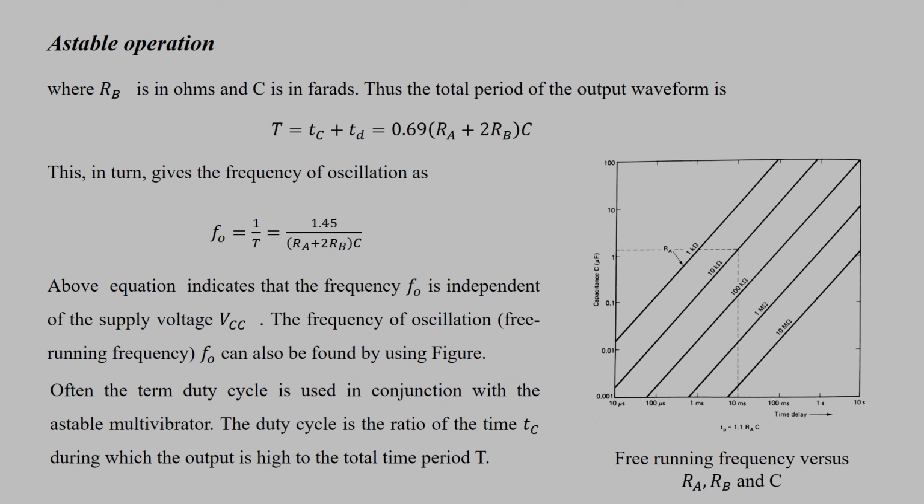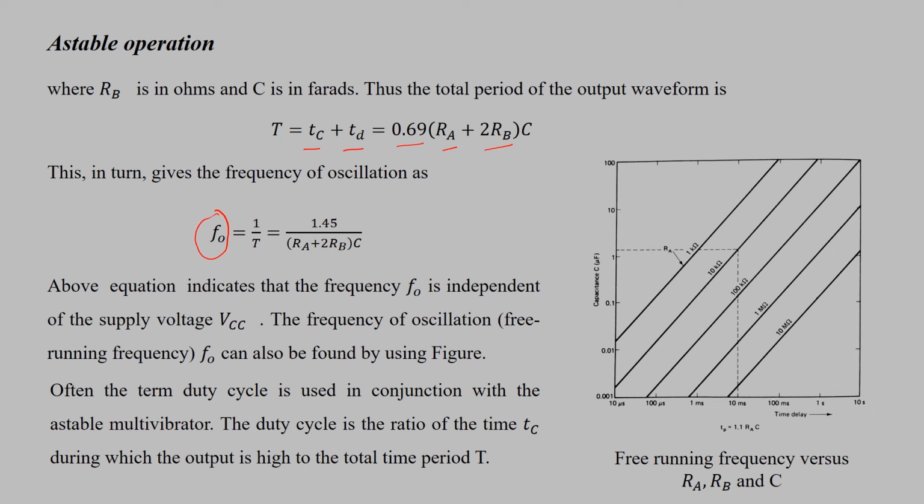The total time period of the output waveform will be Tc + Td, which is 0.69 (Ra + 2Rb) C. This gives the frequency of oscillation f0 = 1/T = 1.45 / ((Ra + 2Rb) C). The equation indicates that the frequency is independent of supply voltage, and the frequency of the free running oscillator can be found by using this figure.